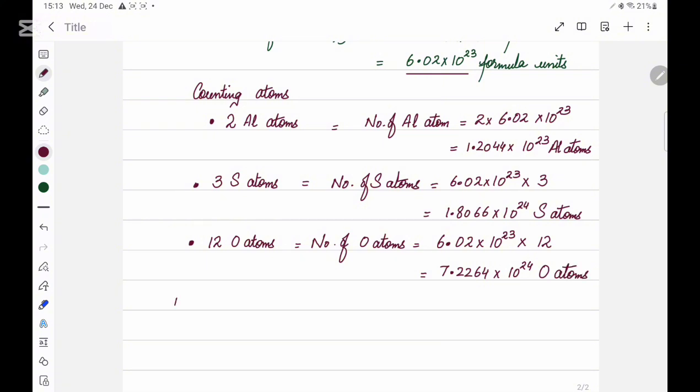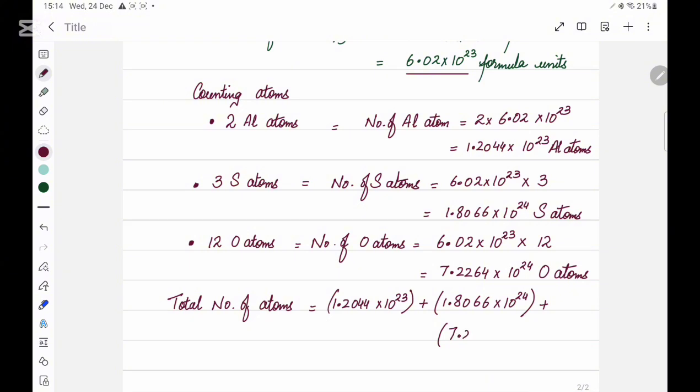Now we need to add all of the atoms, so the total number of atoms is going to be 1.2044 times 10 raised to power 23, which I'm going to add with 1.8066 times 10 raised to power 24, that is for sulfur atoms, before it was aluminium atoms, and then I'm going to add the oxygen atoms. So it would become 64 times 10 raised to power 24.